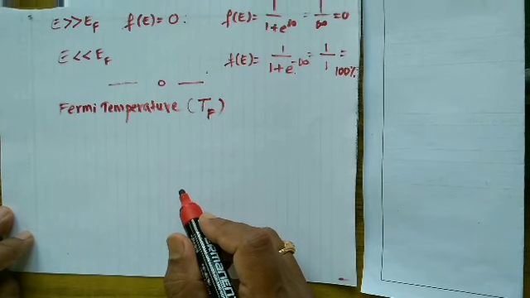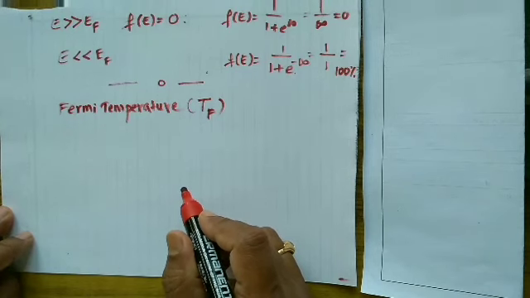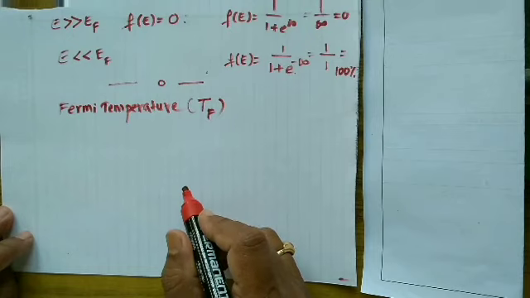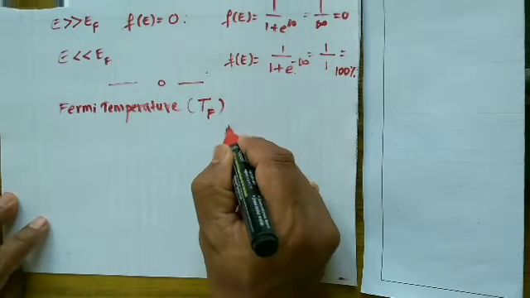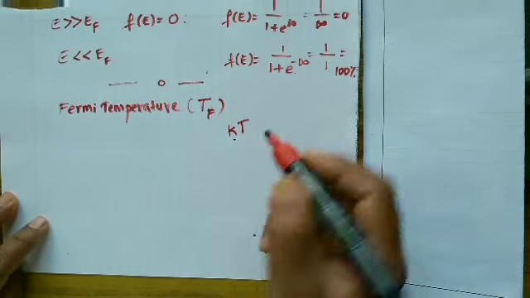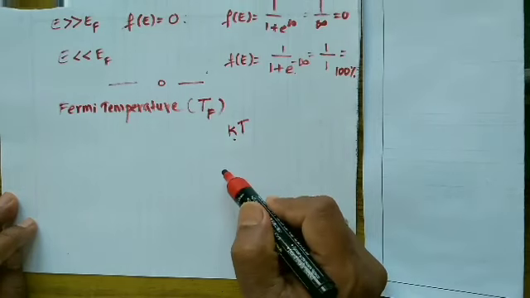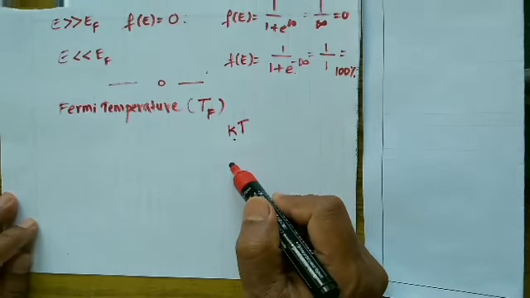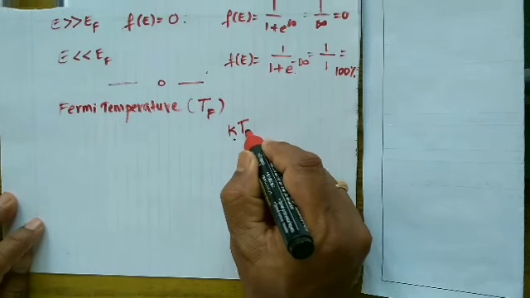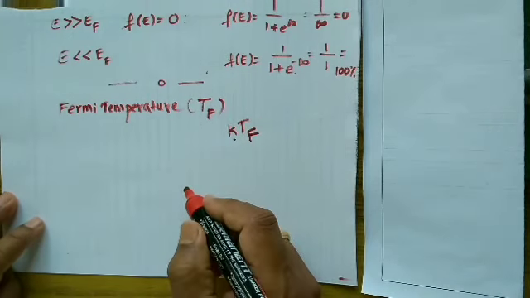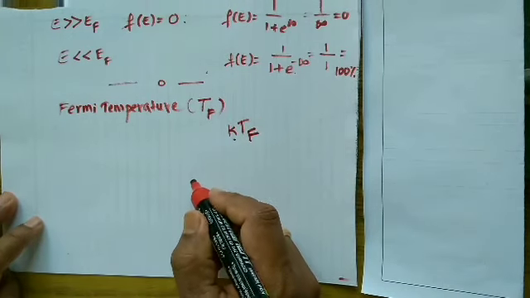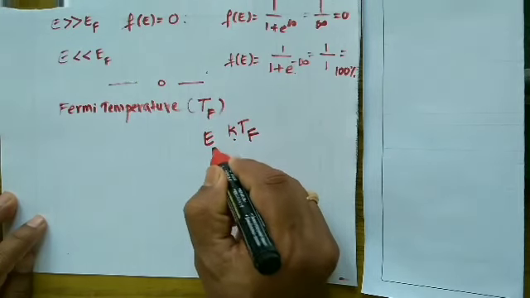The thermal energy of free electrons is approximately kT, Boltzmann constant and absolute temperature. And in terms of the Fermi temperature, you can express it as kTF. Therefore, you can express a relation that EF is equal to kTF.